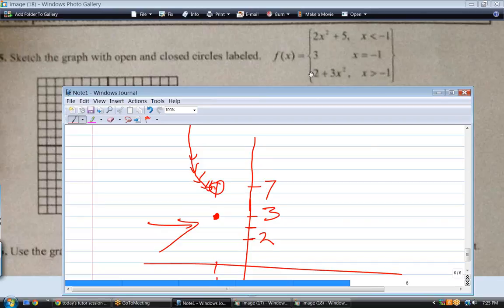I get 3 plus 2 is 5. So right there is where it starts with an open circle because it's greater than. So there's an open circle at 5, and it's a parabolic function that would be graphed like this, essentially.